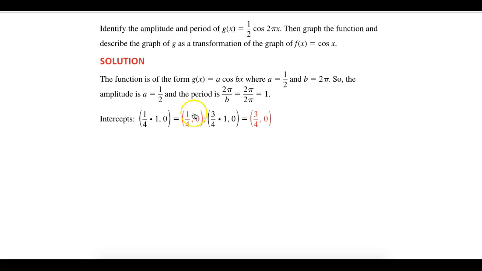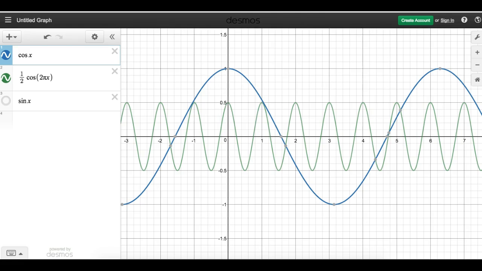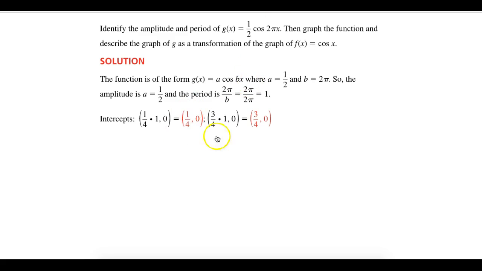So let's look at some other key points. Our x-intercepts are, if you look back at our graph, at 1/4 of the way through the period and 3/4 of the way through the period. So the way you get your x-intercepts is by taking 1/4 times your period and 3/4 times your period. So our x-intercepts are at 1/4 and 3/4.